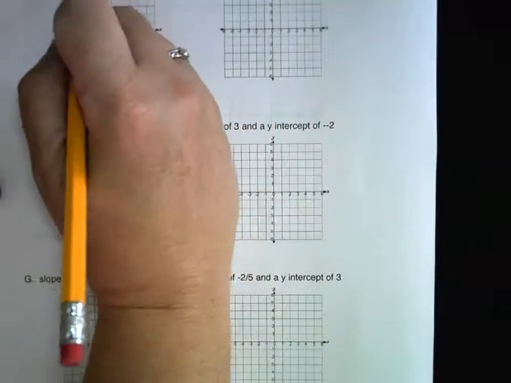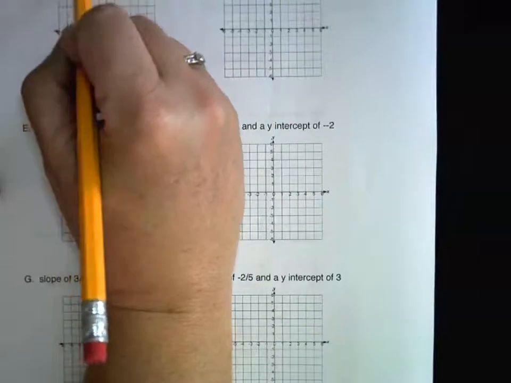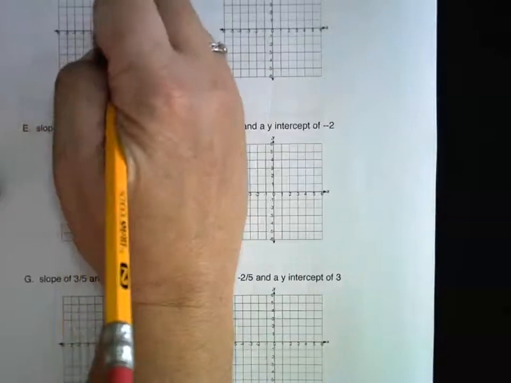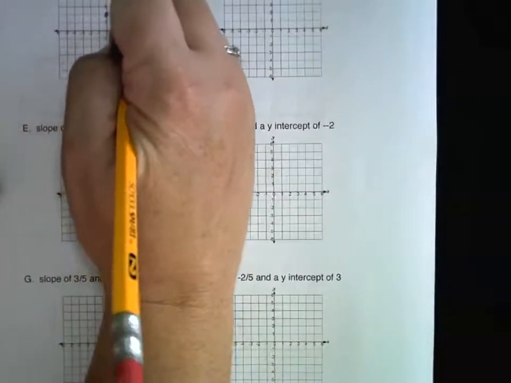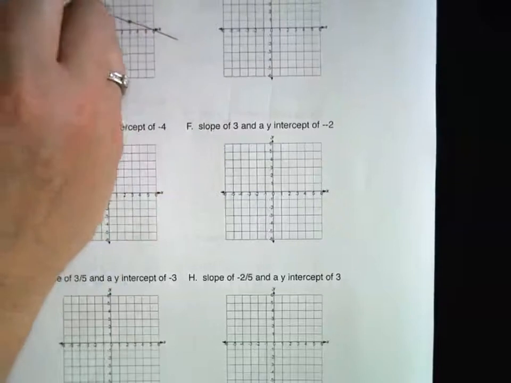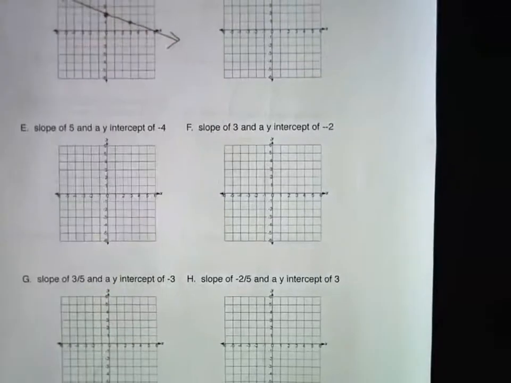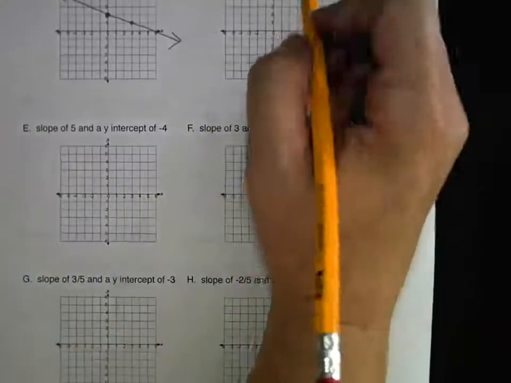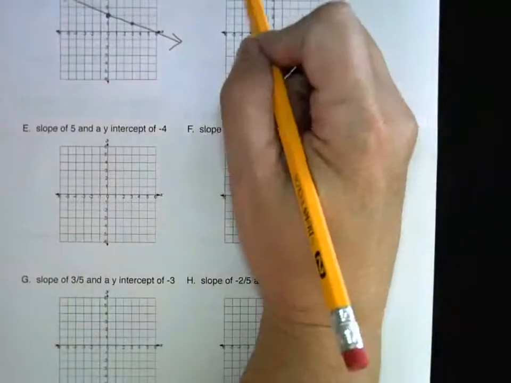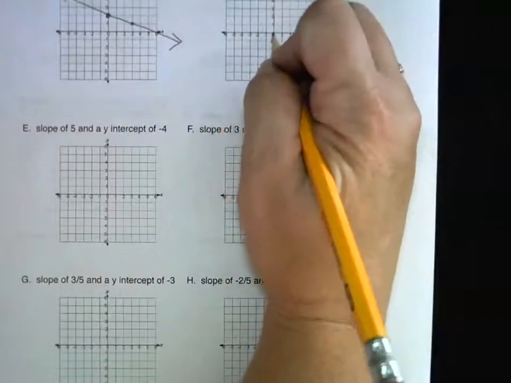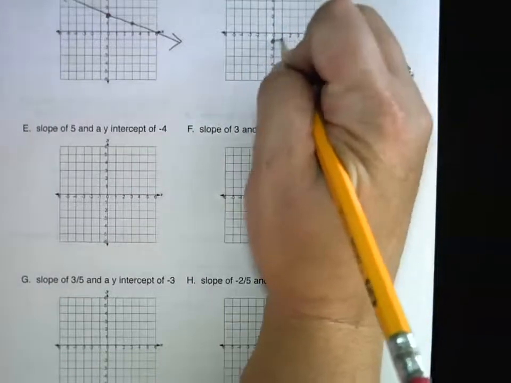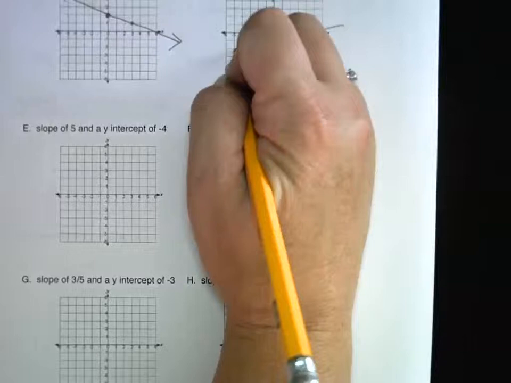Slope is negative 1/3. That means you go down 1 and 3 to the right. So down 1 and 3 to the right. Letter D, y-intercept is a negative 1. Slope is 1/4, up 1 and 4 to the right. And graph your line.